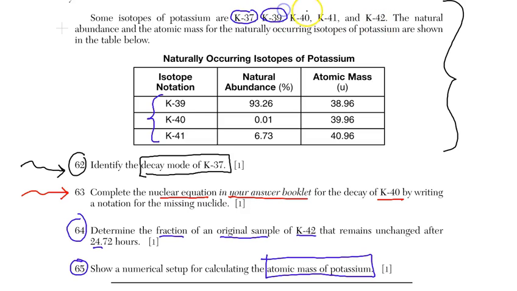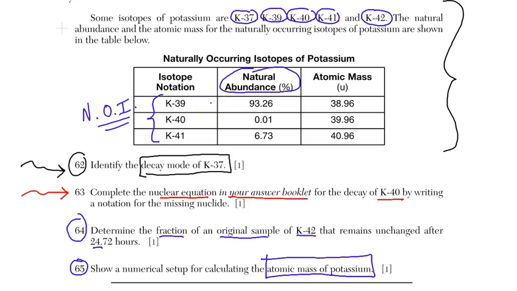But what they say in the blurb is that of these 5, there are only 3 naturally occurring isotopes, right here. And when we do a weighted mass problem, we take the naturally occurring isotopes and use their relative abundances in nature to figure out the atomic mass of potassium.